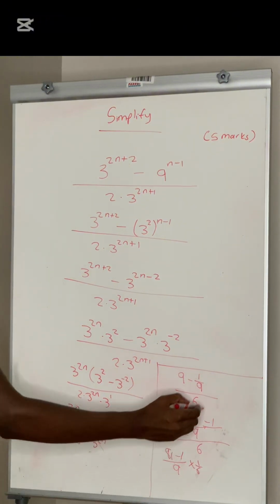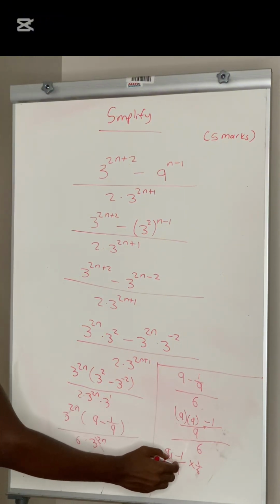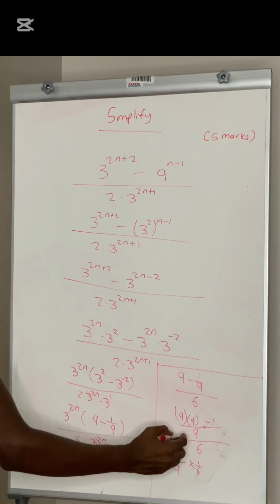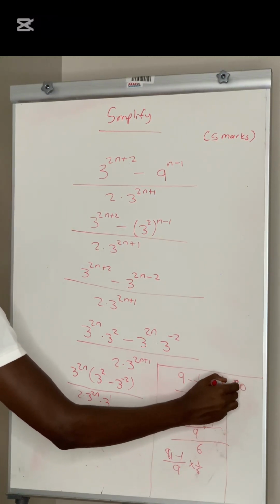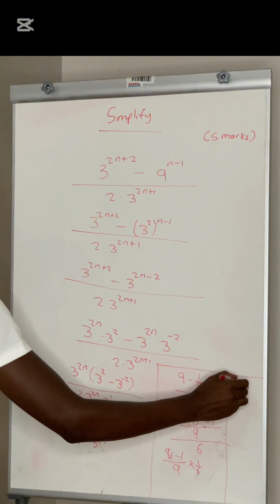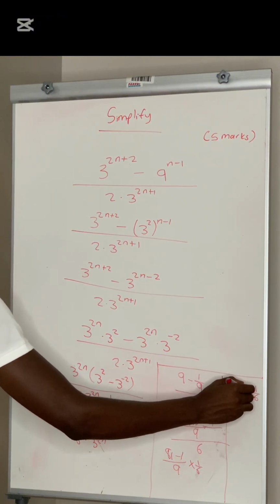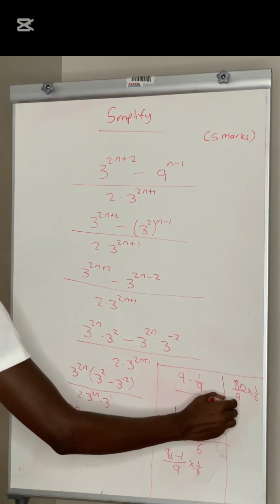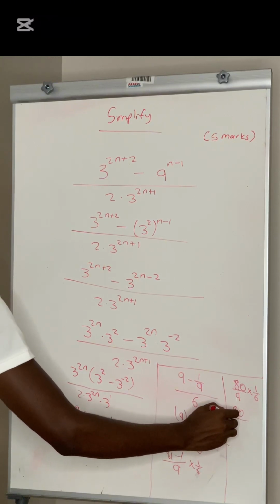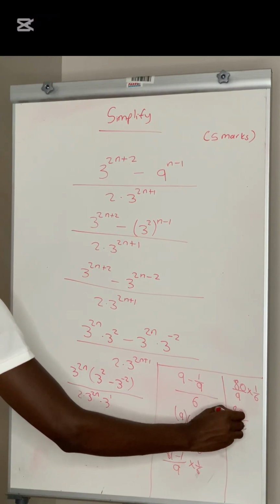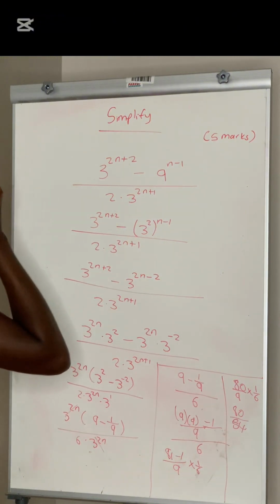And then 81 minus 1 is going to be 80 over 9 times 1 over 6. 80 times 1, that is 80. 9 times 6, that is 54. So 80 over 54 is the final answer.